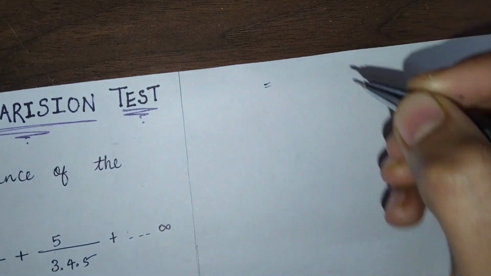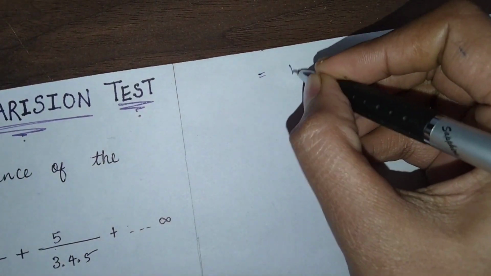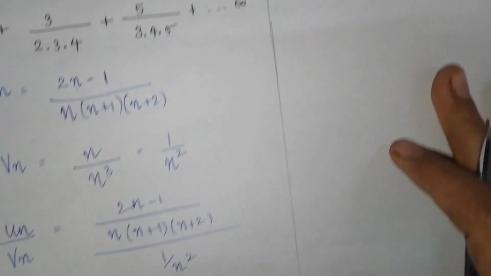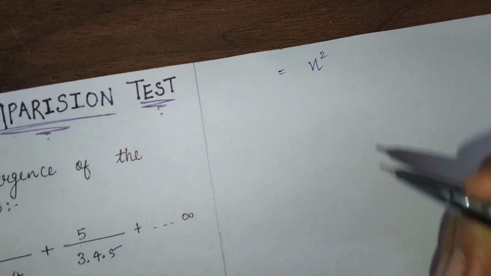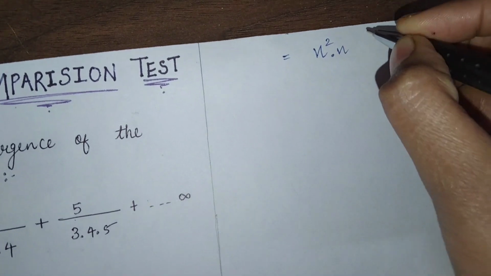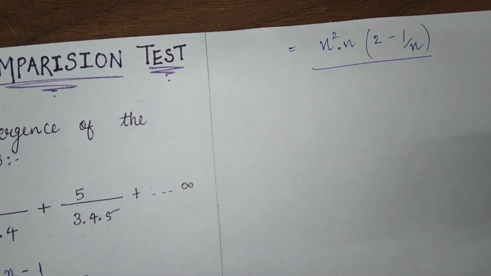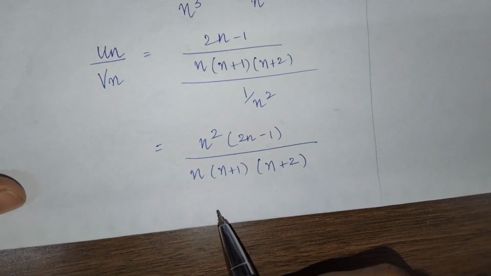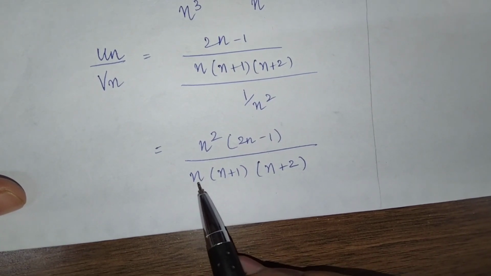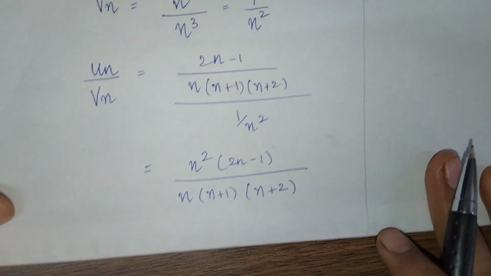So now if we take n terms common from the denominator part, then we will get n square. And here also in the numerator part we can take this n outside. So we can write 2 minus 1 by n divided by, here also we will get 1 n is already there, and if we take this both n outside, then we will have n cube outside the bracket.